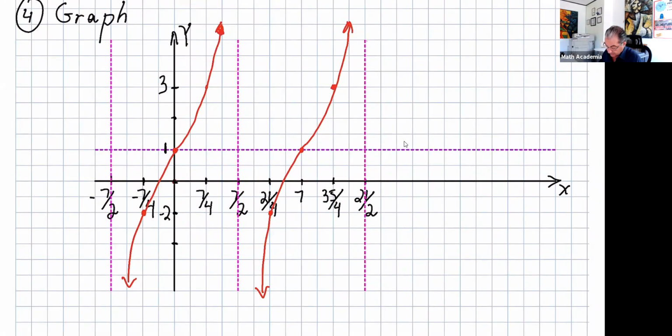This is helpful information to graph tangent.